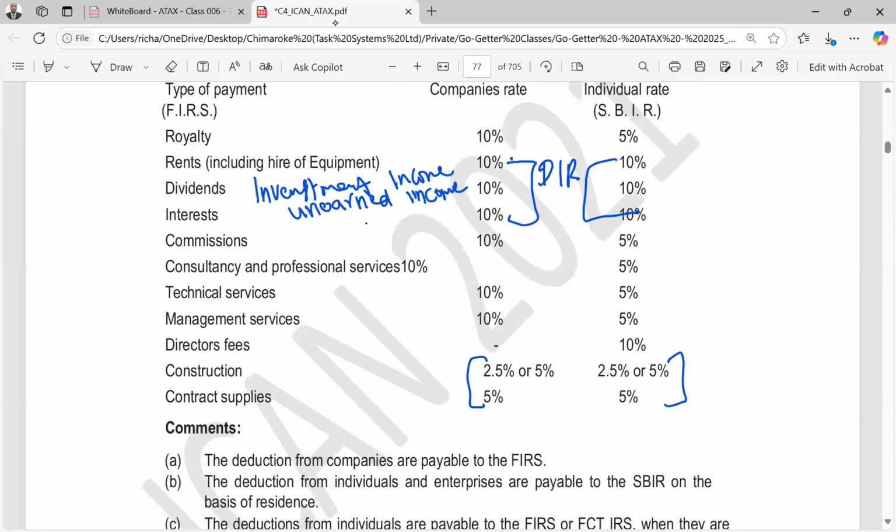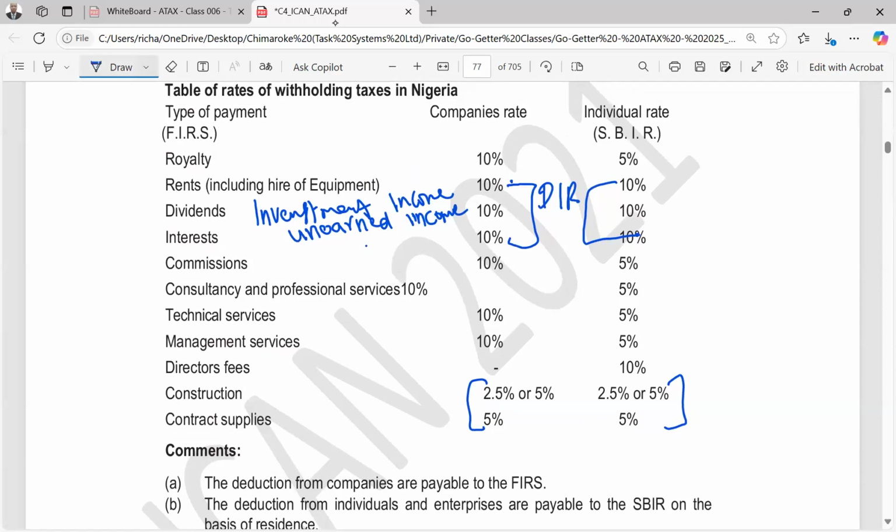So, what we are saying here is these two: withholding tax equals final tax. Now, for residents and non-residents.